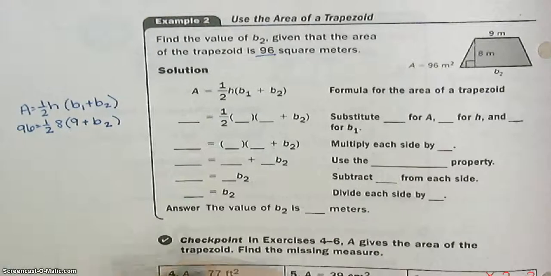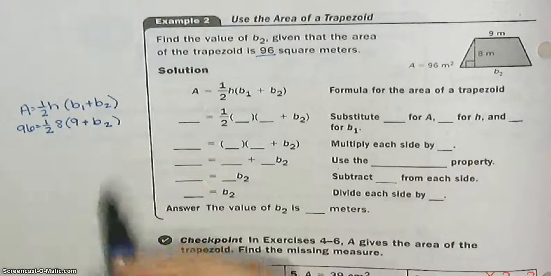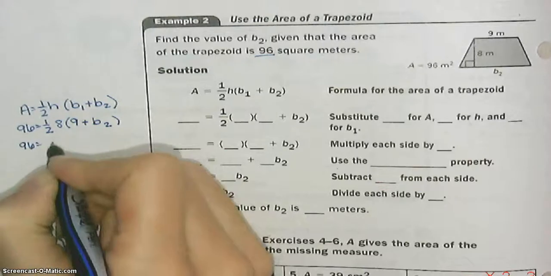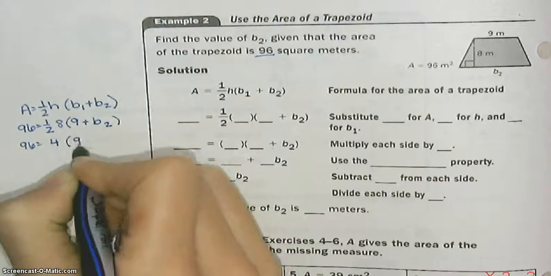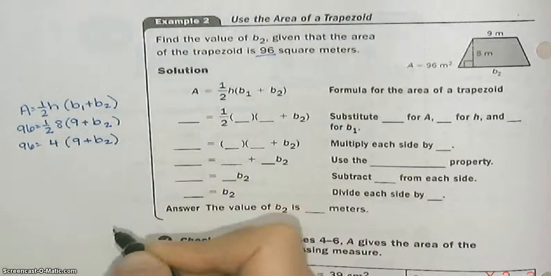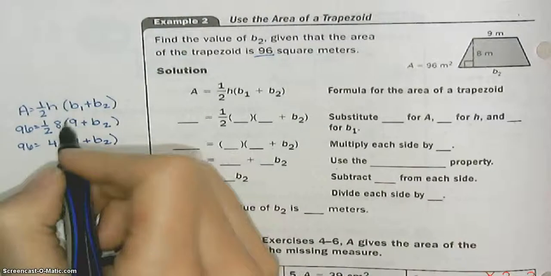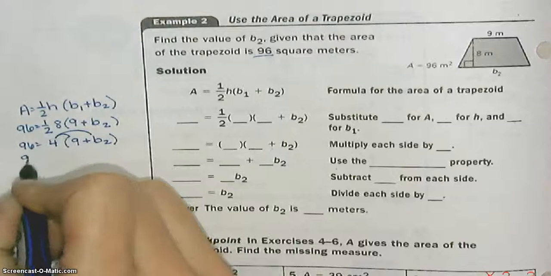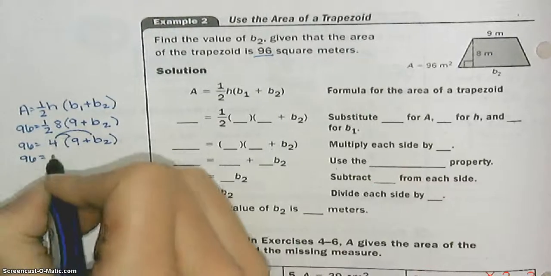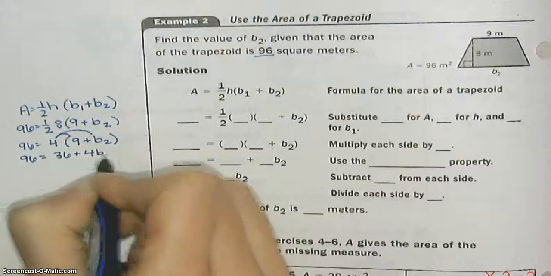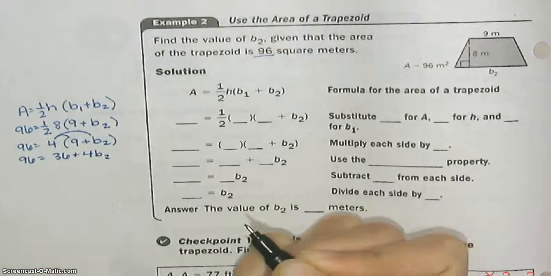Now I need to solve this. This is just good old algebra. So 96 equals, well, half of 8 is 4. I just rewrite everything, one step at a time. I'm going to distribute the 4. 96 equals 36 plus 4 times the base.